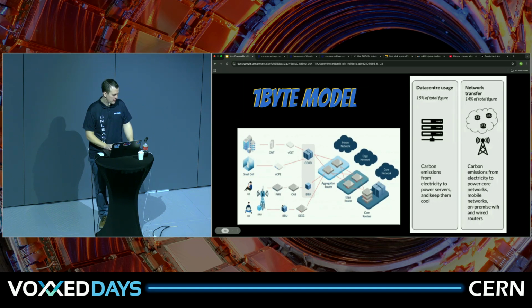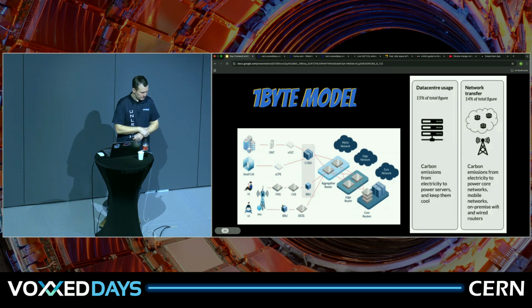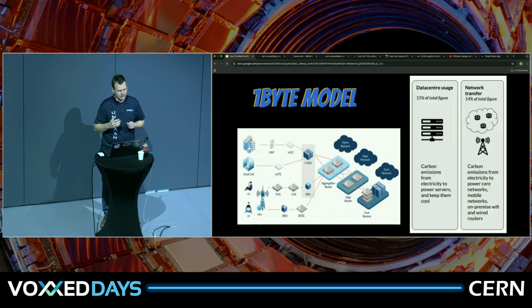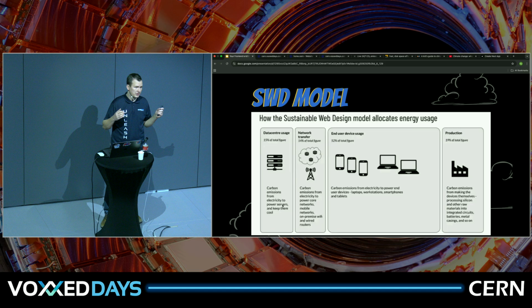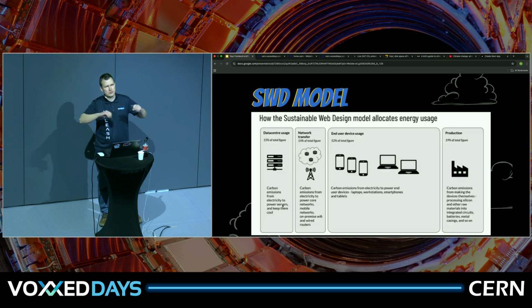So you have the 1 byte model, and that's checking the network and your data center. So you can calculate the data center usage and the network transfer. But SWD is more than that. It's the data center, the network transfer, the end user device, and production. So it's checking the whole chain. So we are going to use that model.